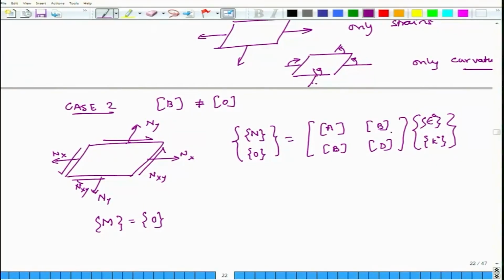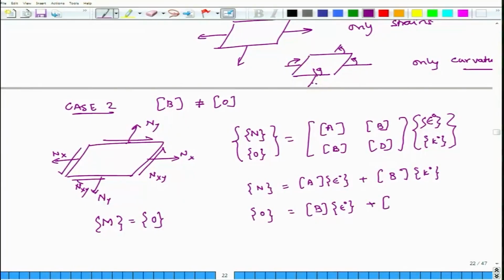Now, in this case, because the B matrix is not 0, we cannot say for sure that mid-plane curvatures will be non-zero, because when I write two individual sets of equations, what do I get? N equals A times epsilon plus B times curvature, and because external moment resultants are 0, 0 is equal to B times mid-plane strains plus D times mid-plane curvatures.